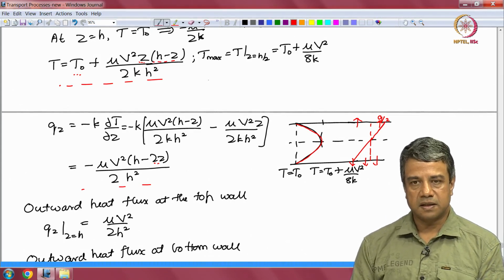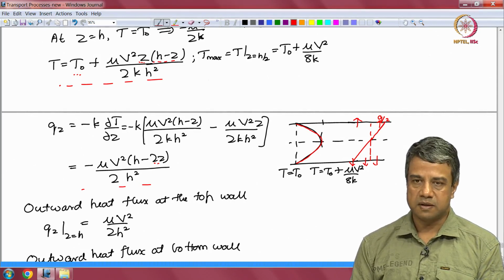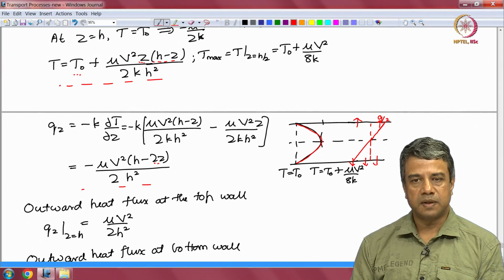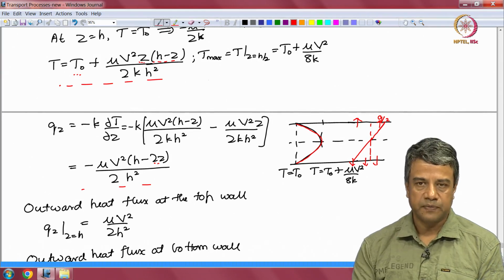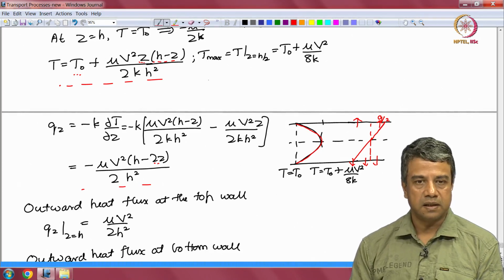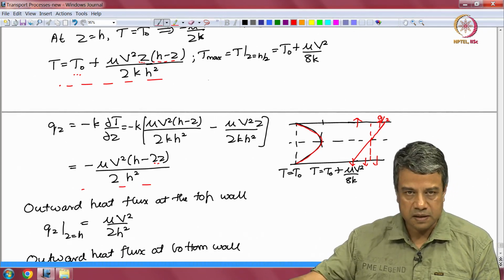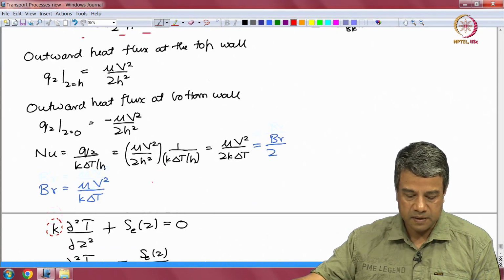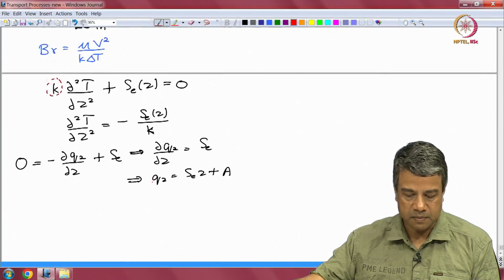So, at the center the heat flux will be 0 because of symmetry, and in the upper half heat that is generated will be conducted out through the upper wall. Lower half heat that is generated will be conducted out through the lower wall. Therefore, heat flux is positive in the upper half, negative in the lower half, and it varies linearly with position. And we had got the total heat transfer rate, and from that we had calculated an expression for the Brinkman number.